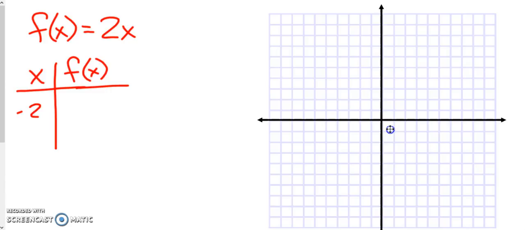So if I pick some values for x, if x is -2, what's f of x? This shouldn't be hard. If I plug in -2, there we go.